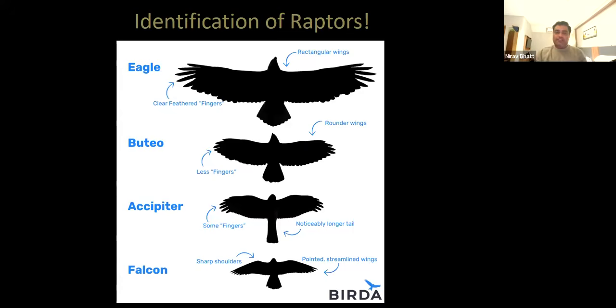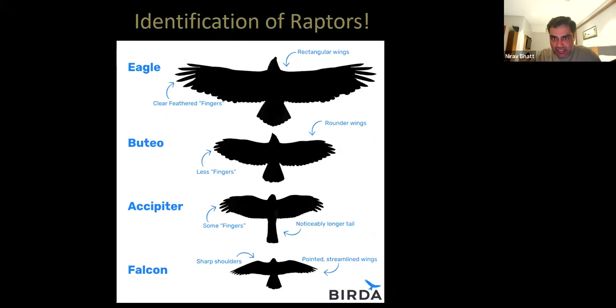So let us start with this presentation of identification: accipiters by the wings and wing pattern. I think GK has done a nice presentation earlier in which he has given the outline of the birds and how the shadows or the structures of the wings and the bird are to be seen. Now we are just giving some comparisons here.